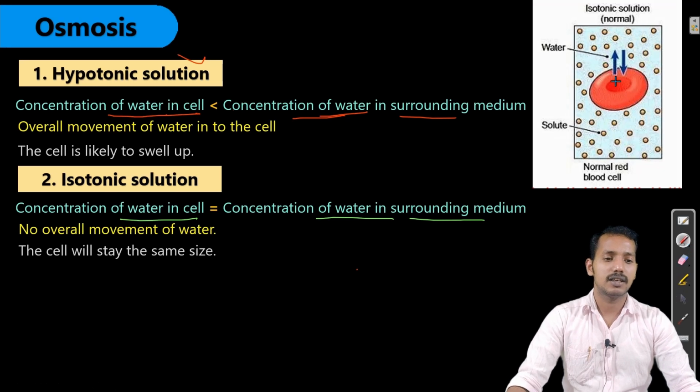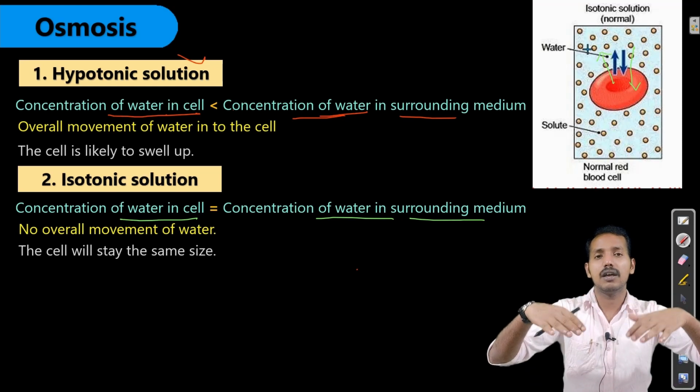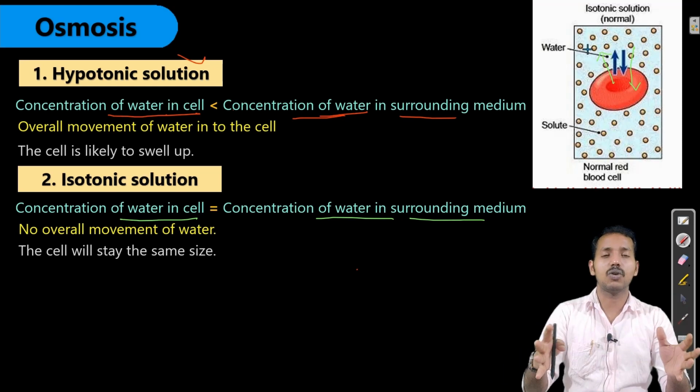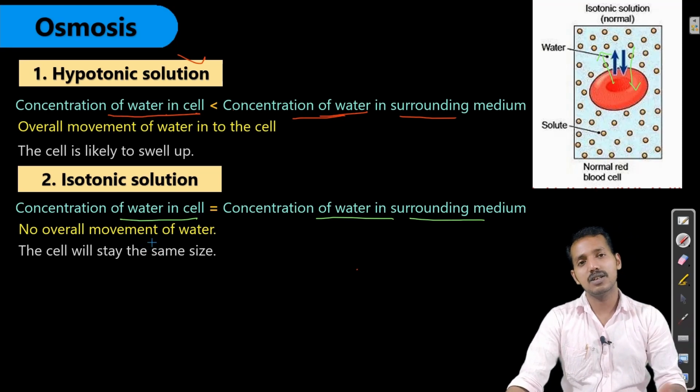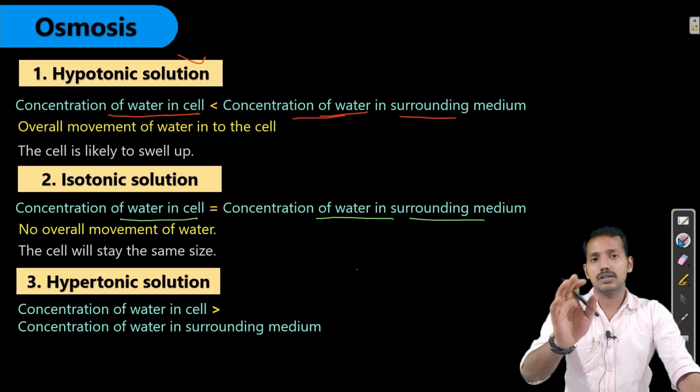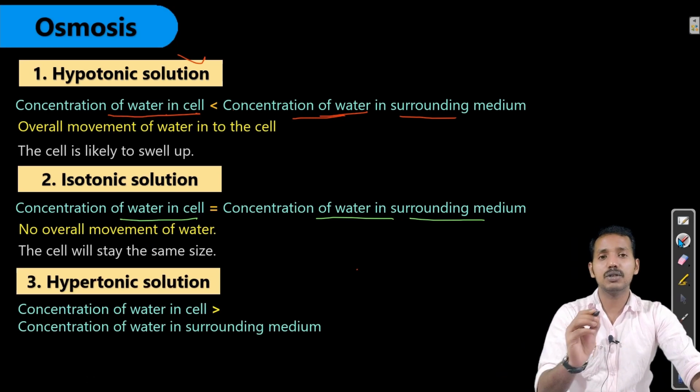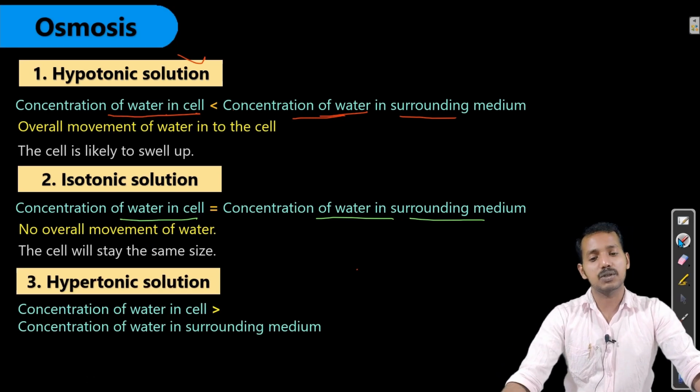You can see the movement from the surrounding to the cell as well as from cell to surroundings takes place in equal amount. So obviously there is no overall or net movement, and the cell is likely to stay the same size. The third possibility is hypertonic solution. What is a hypertonic solution?